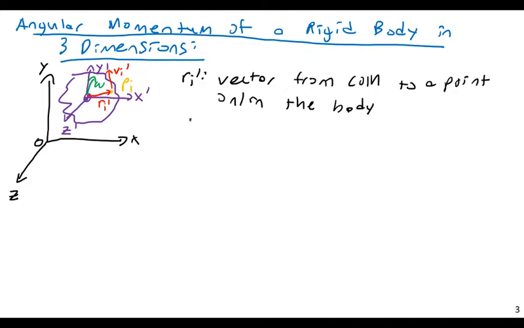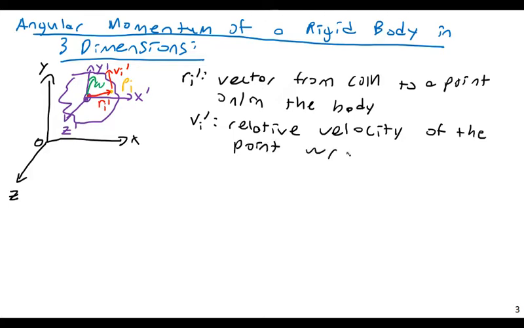Vi prime is the relative velocity of Pi, the point, with respect to the center of mass, and omega would be the angular velocity of the body.